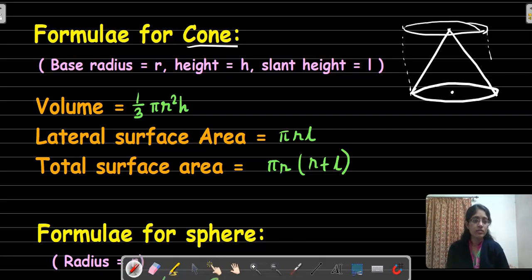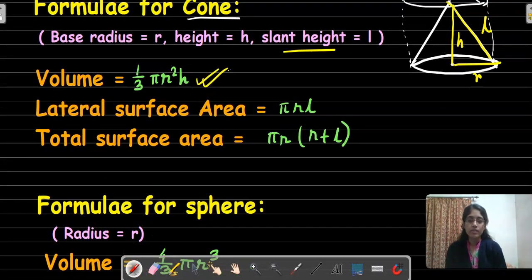So from here you see that this cone is 1/3 of the cylinder. Therefore volume of the cone is 1/3 of the volume of the cylinder, that is 1/3 pi r square h. The radius of the base is r and height of the cone is h. And this is called the slant height. This slant height is L.